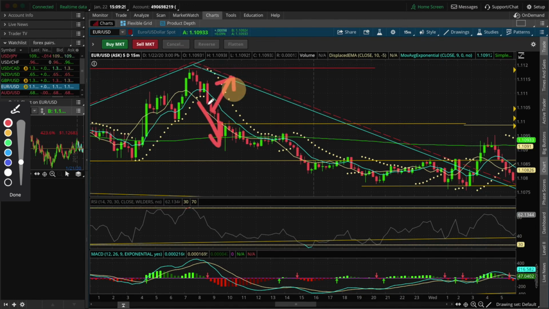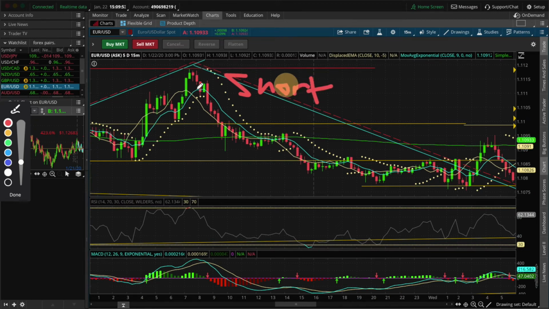And had you gotten in right here, then you could have ridden it all the way down if you wanted to, or you could have gotten out at any of these points, and that's when you would have shorted the stock. Short.